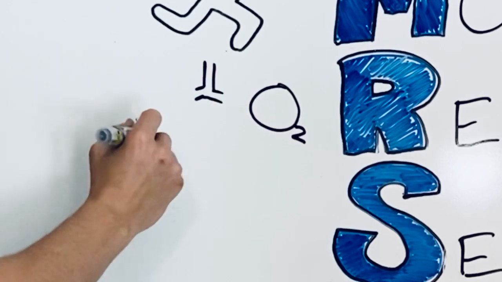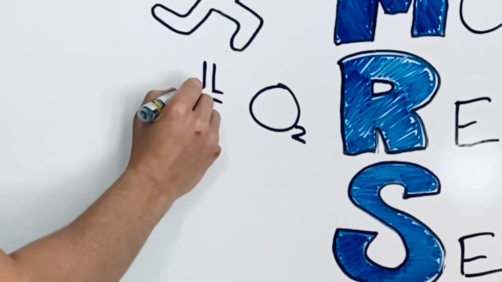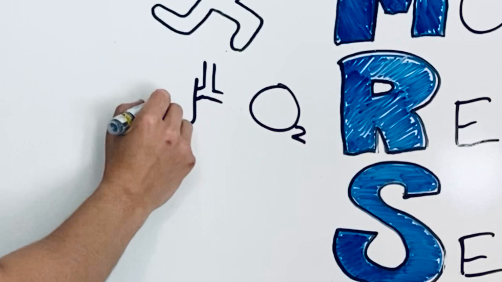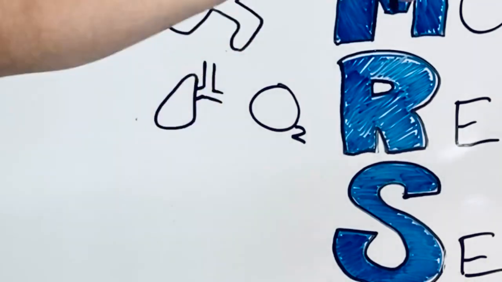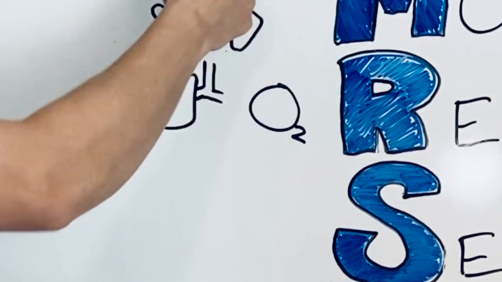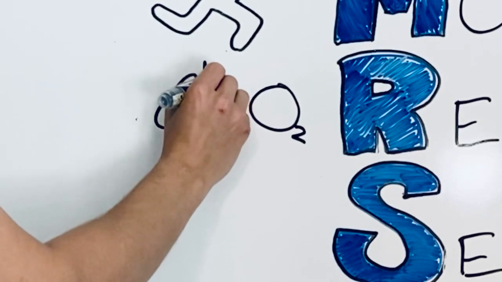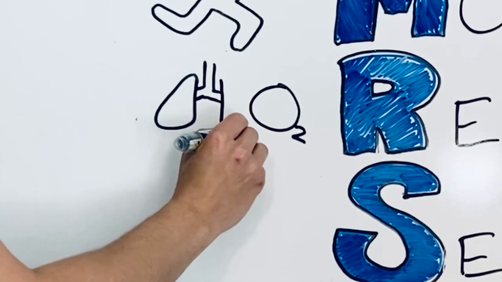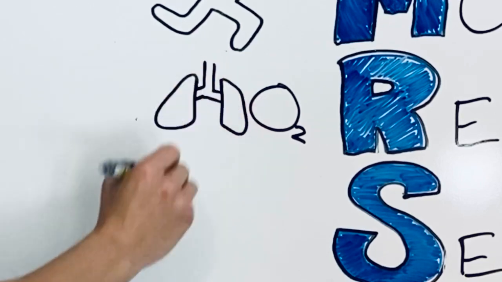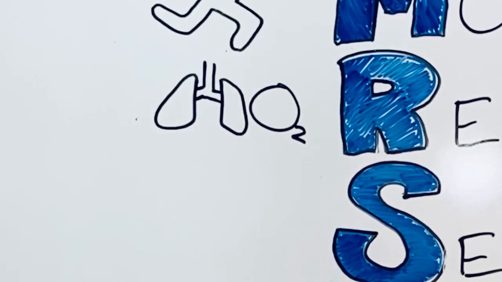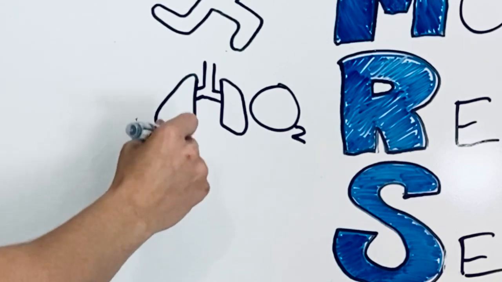A little trachea and bronchi. And then here we're going to draw this. So on your paper, you're going to draw these symbols next to each word. Okay, there's lungs. Breathing in. Okay.